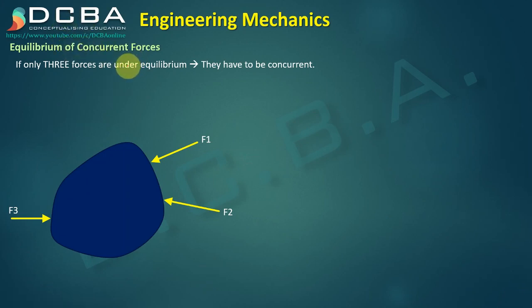Equilibrium of concurrent forces. Now listen to this statement very carefully: if only three forces are under equilibrium, they have to be concurrent. Why is this so? Let us see.